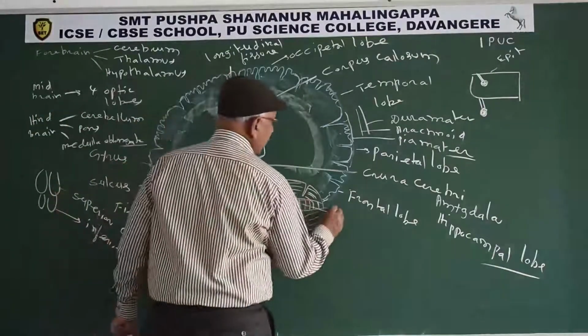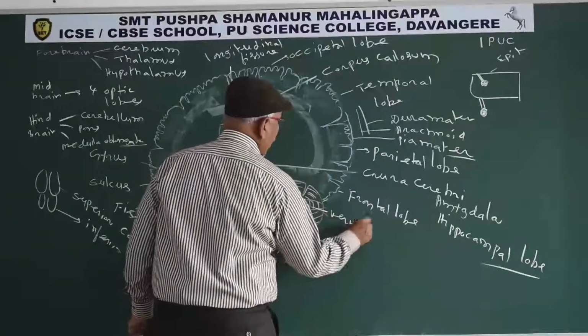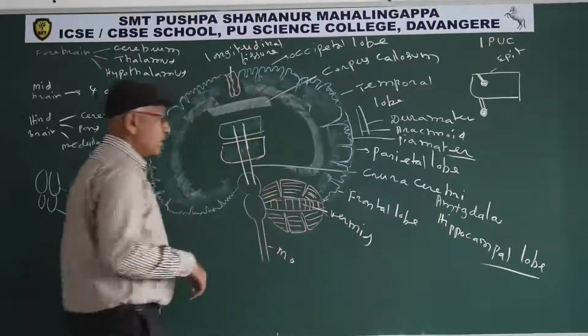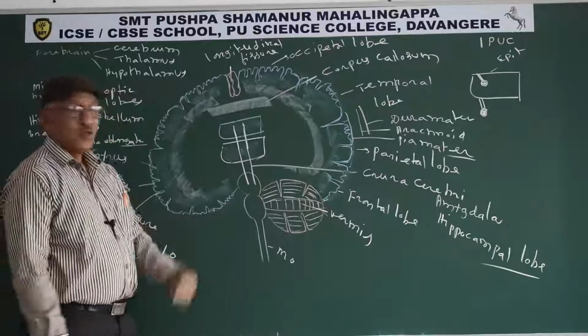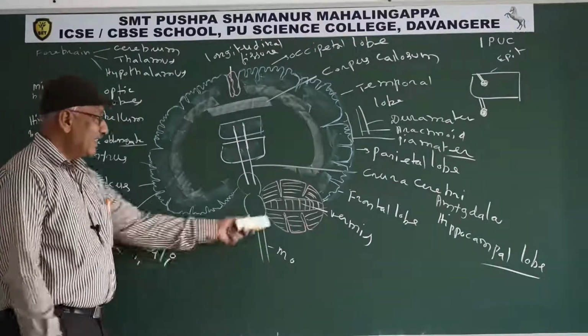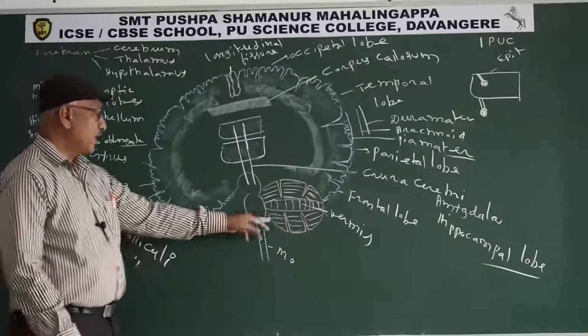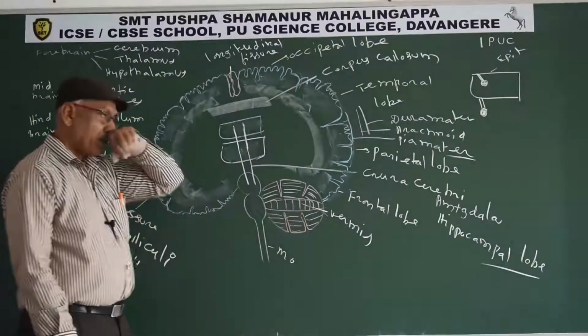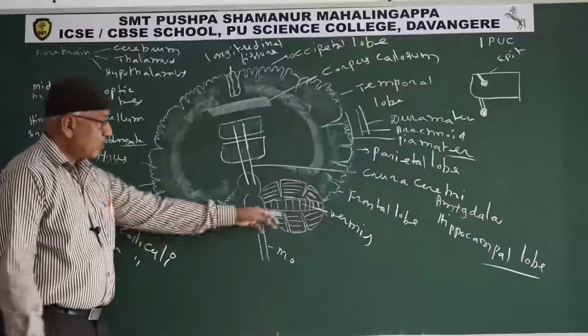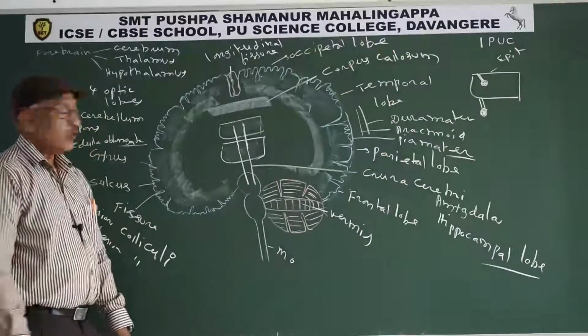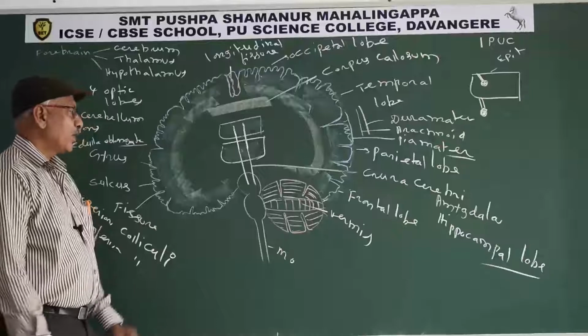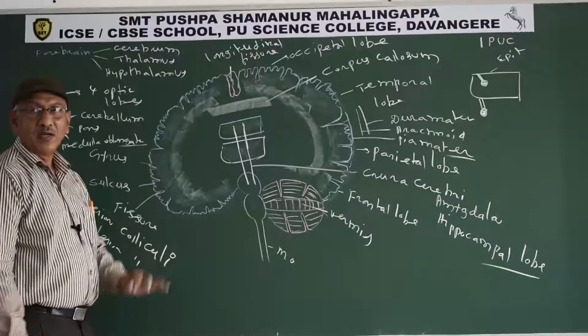The central lobe is known as vermis. On either side of the vermis are two lateral lobes known as cerebellar hemispheres. Each cerebellar hemisphere again has three lobes: anterior lobe, posterior lobe and lateral lobe. The lateral lobe is also known as the floccular lobe. The white matter of the cerebellum is in the form of a tree known as arbor vitae.